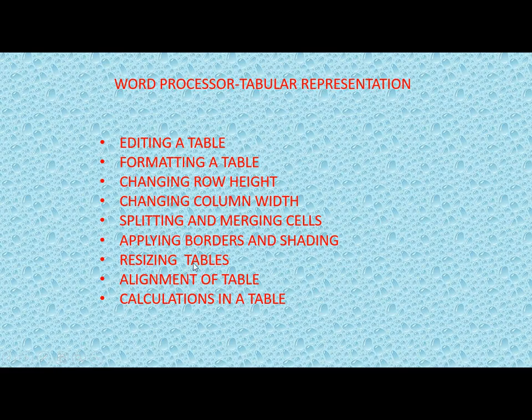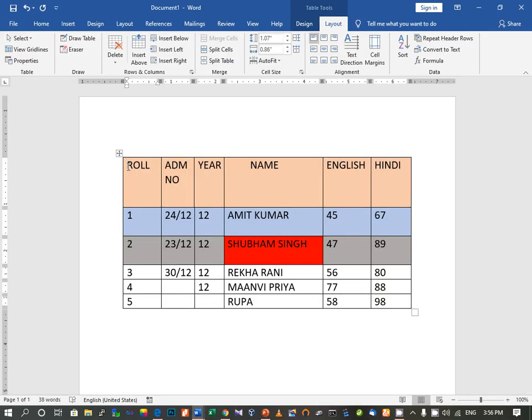Now we are going to learn how to resize a table, and then we will also learn alignment of tables. So first, resizing a table. Here you can see that this table has 2 points. This one is called the table move handle, and this small hollow square box is your table resize handle.